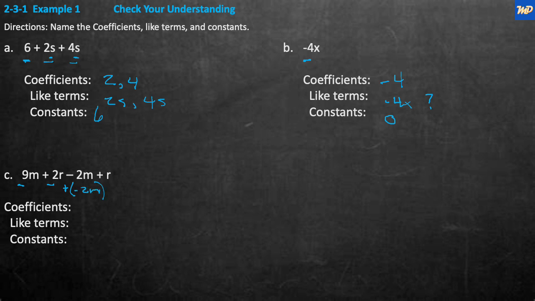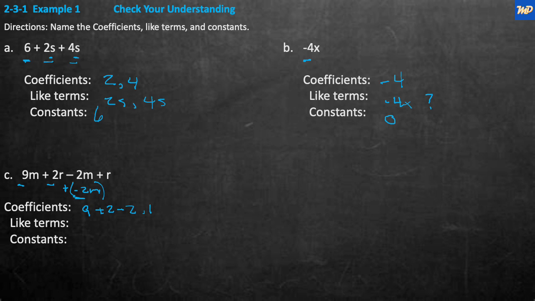So the coefficient there is going to be the -2. And then the coefficient of r is a given 1. Always, when you see it like this, 1 is understood to be there as a coefficient. So the coefficients are 9, 2, -2, and 1.